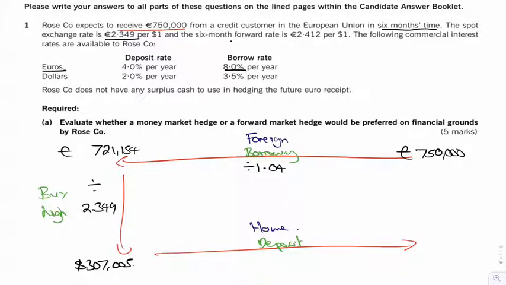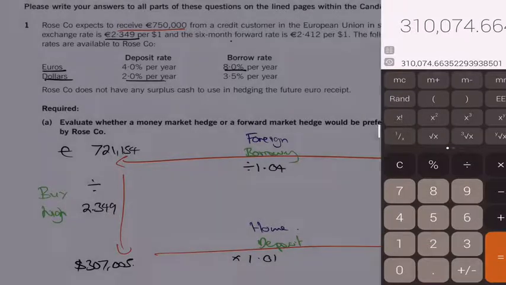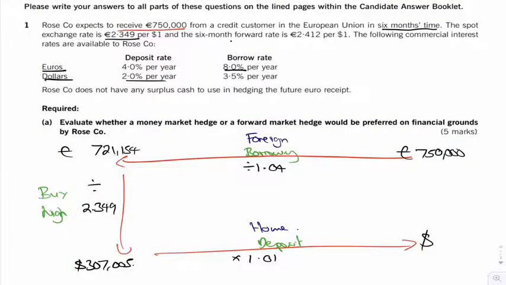And then I'm going to put that on my deposit account just for 6 months. So 1% a year, so times by 1.01, and I get 310,075, isn't it, in dollars? 310,075. So that's my money market hedge receipt.